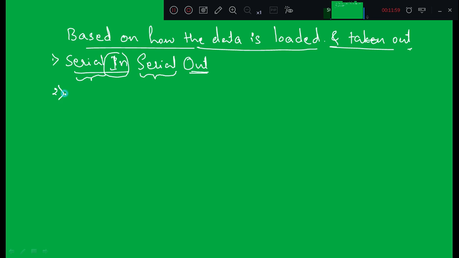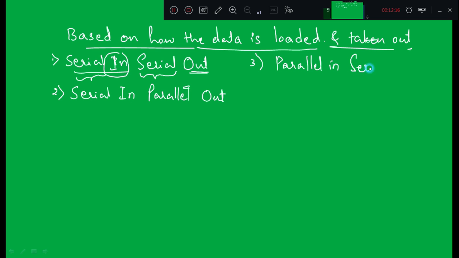Next, serial in, parallel out. What are the differences? You will come to know once I discuss these concepts. Third one, parallel in, serial out, and fourth one, parallel in and parallel out.